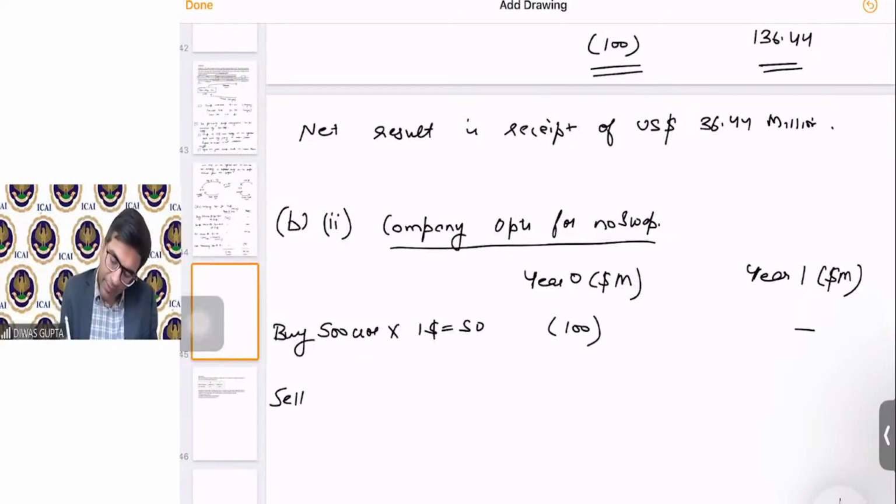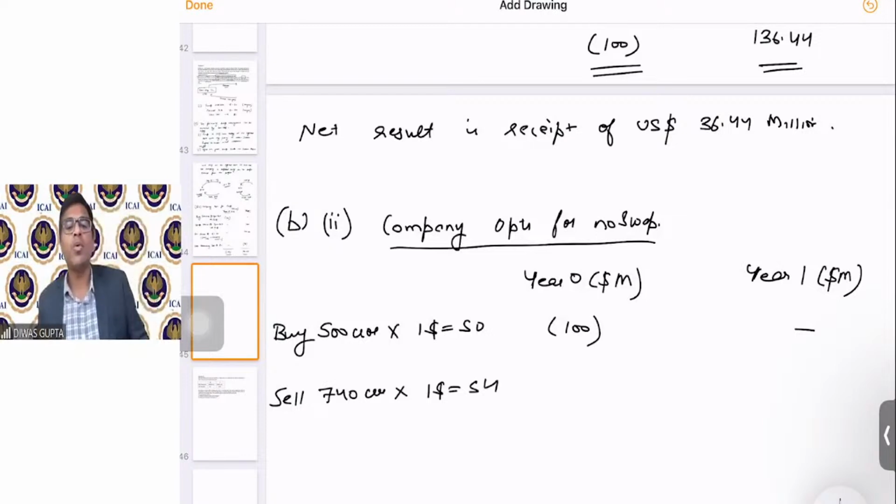Now here simply it will sell 740 crores at the rate of $1 is equal to 54. So entire amount will get sold for 54 rupees. So it becomes 137.04 USD million.